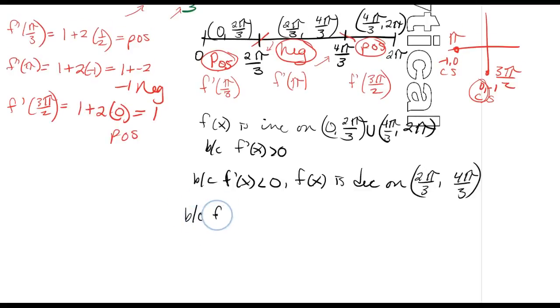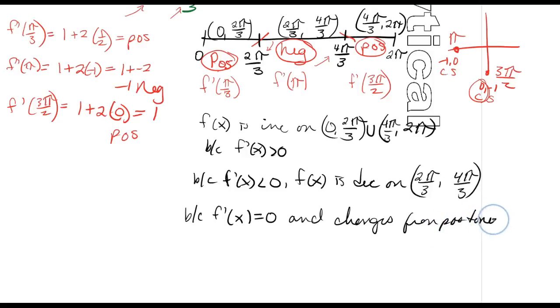Because my derivative equals 0 and changes from positive to negative, the function has a relative maximum.